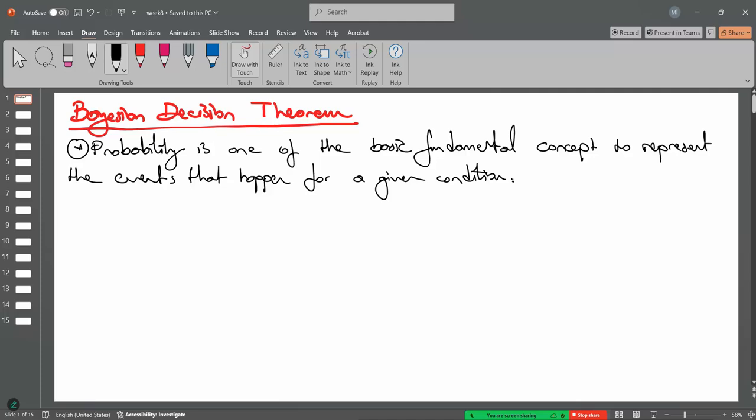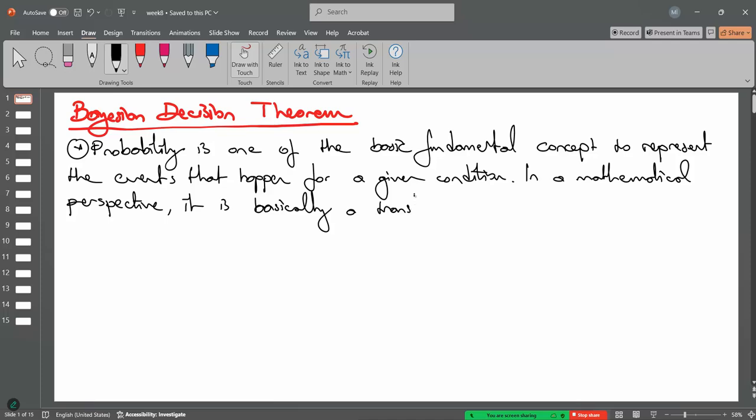And so, from a mathematical perspective, we need to write these notes in order to understand after the lesson. It is basically a transformation of a line into an area. Just remember the previous lesson, guys, okay?